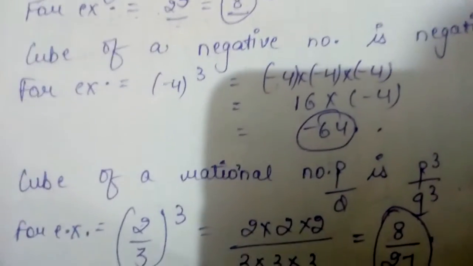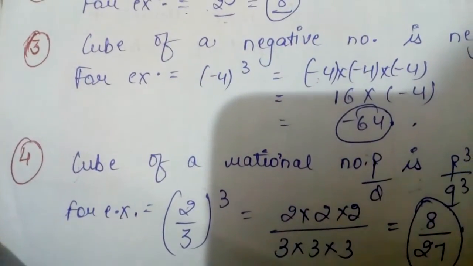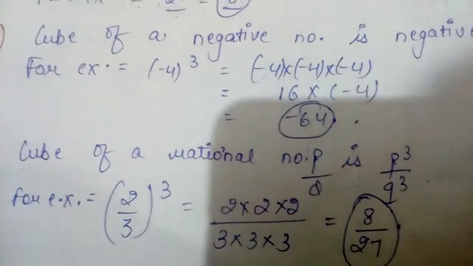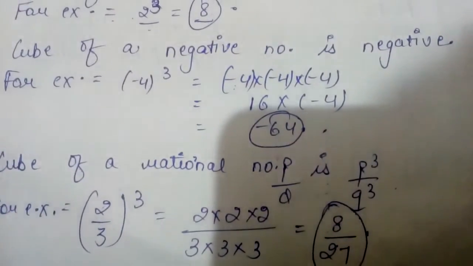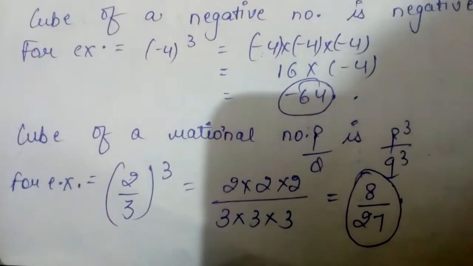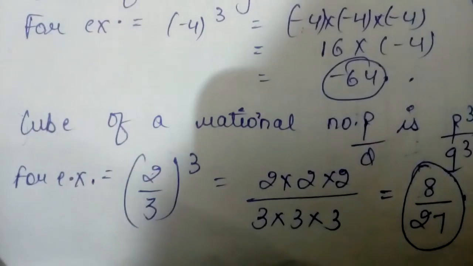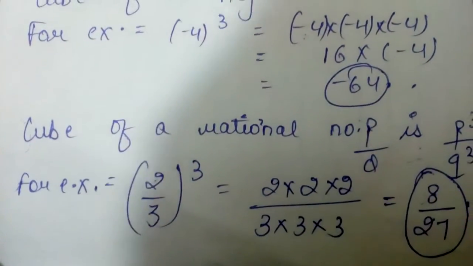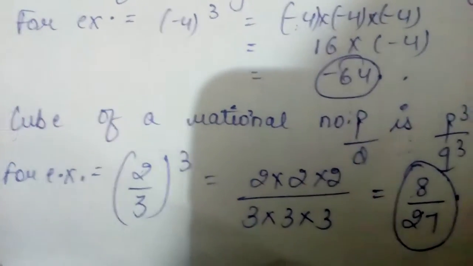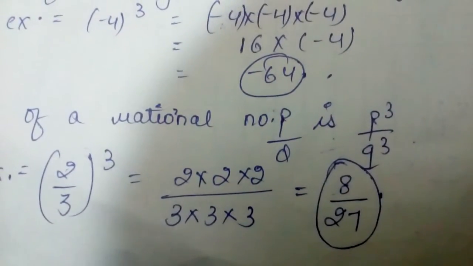Now the fourth and last property of cube and cube root is that the cube of a rational number p by q is p to the power 3 upon q to the power 3. First of all, we take 2 by 3 as an example. The cube of 2 by 3 is 2 into 2 into 2 upon 3 into 3 into 3.